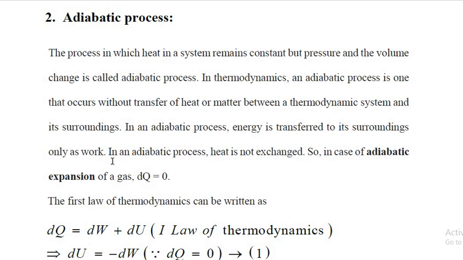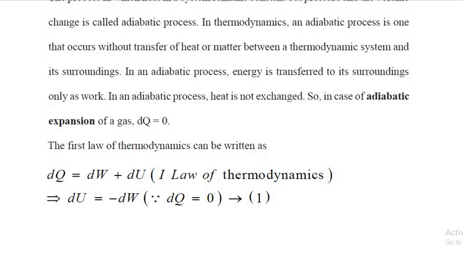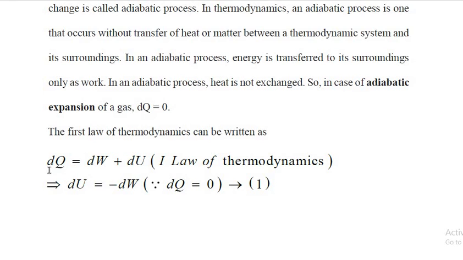So in case of adiabatic expansion of gas, dq is equal to 0. Okay, because dq is constant. The first law of thermodynamics, we know it is dq is equal to dw plus du. Since dq is equal to 0, we get du is equal to minus dw.